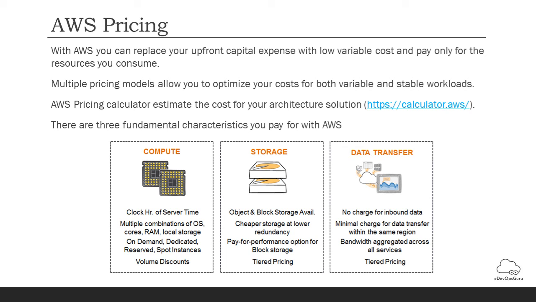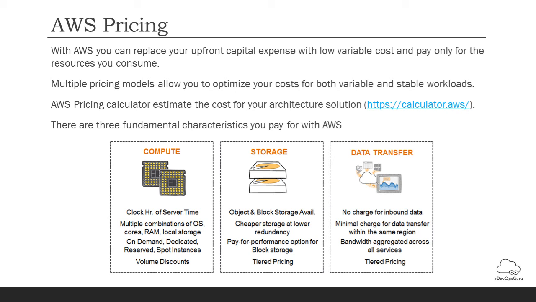If we want a 4 core processor, and we want 16 GB of RAM and those kind of configurations, and we have it on paper, then we can use this calculator to check what would be the estimated cost of your solution or your set of resources.